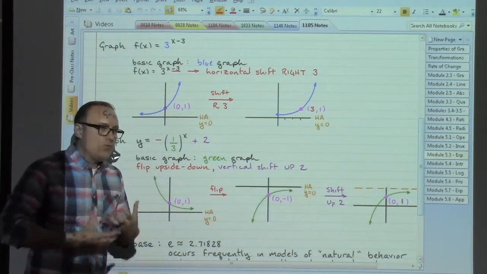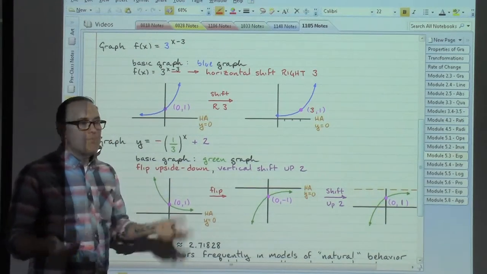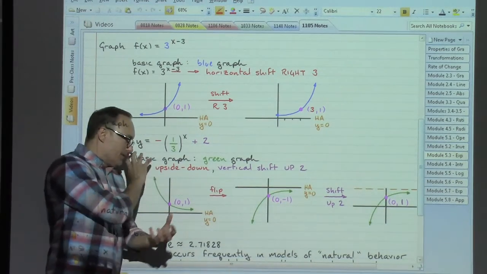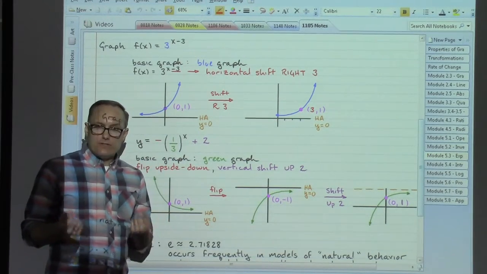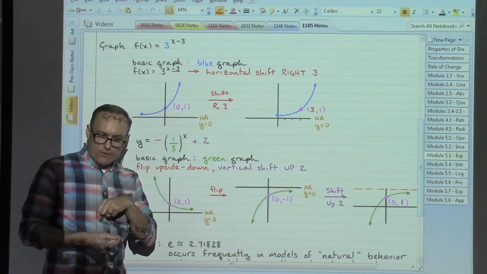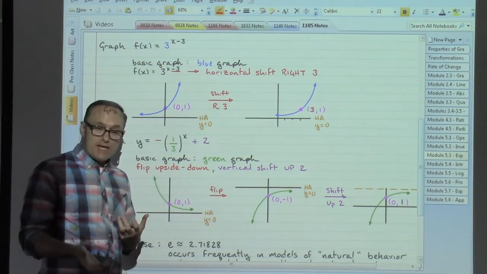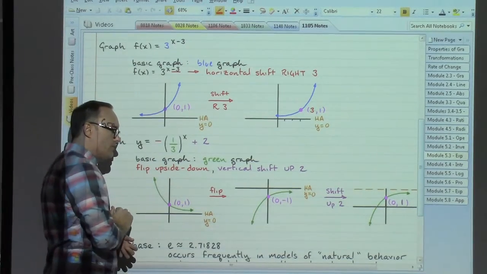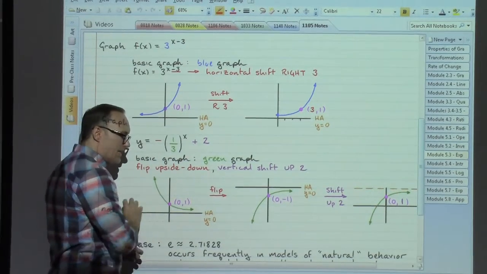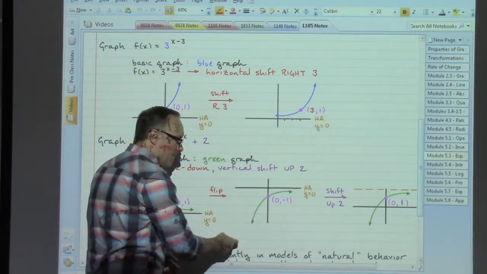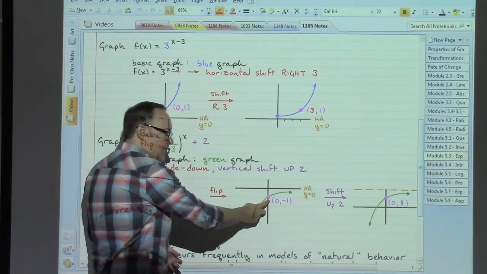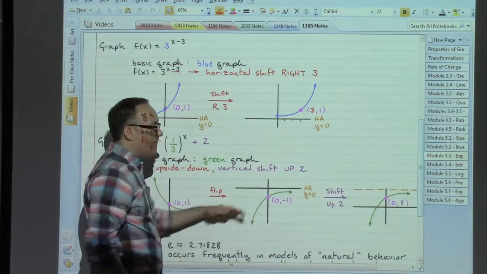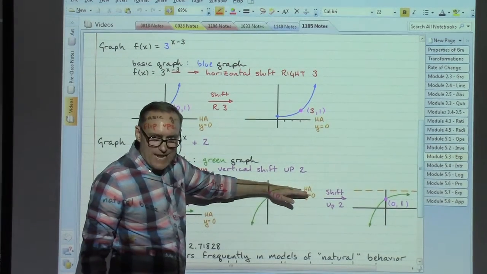So when we do a calculation, if we pick an x value to plug in, which of these manipulations comes into play first, which comes into play second? The negative comes into play first, so we're going to do the flip upside down first. We're going to take that entire picture and flip it upside down. That means that the y-intercept has moved and become 0, -1, but that horizontal asymptote has not changed.